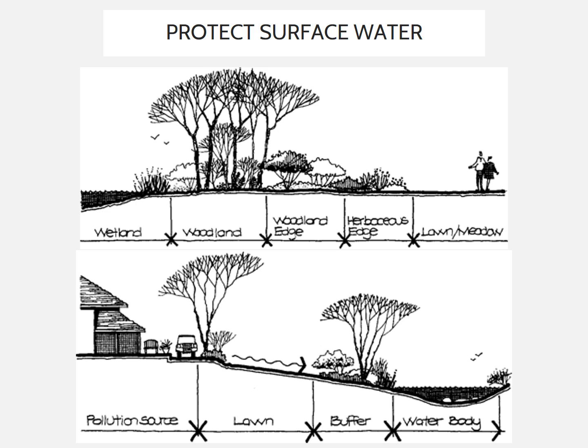So using an herbaceous edge, then a woodland edge, then a woodland, and then your wetland. This one's showing the pollution source from the house, probably also a lawn, draining down into this water body. So you would need to have a buffer to help filter out some of those pollutants.